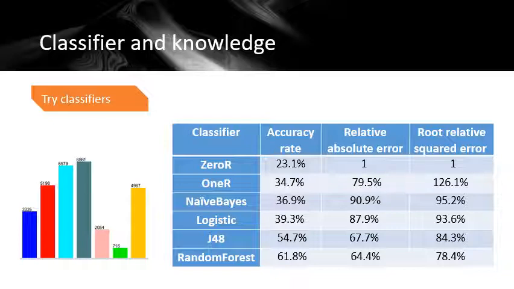Although this group contains the most instances than others, it's still lower than even a quarter, leading to low accuracy of 0R classifier. The accuracy in 1R, naive Bayes and logistic classifiers are not good, lower than 40%.